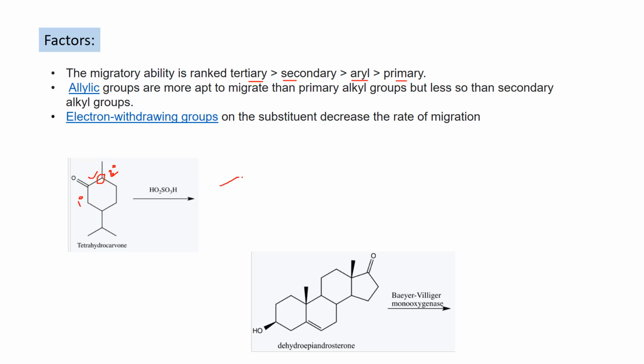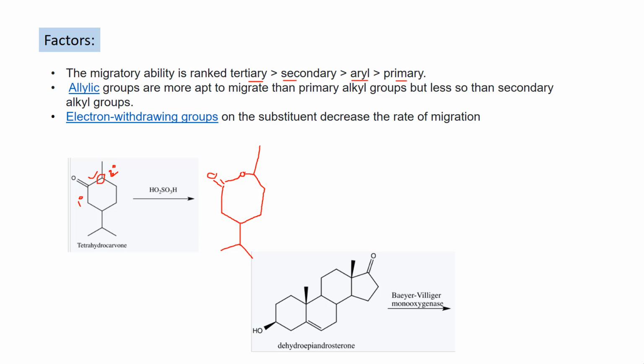So the product will be this one. From this question you have an idea that if this is tertiary, that will migrate faster than secondary, then aryl, then last is primary.